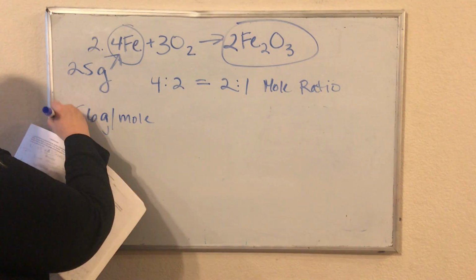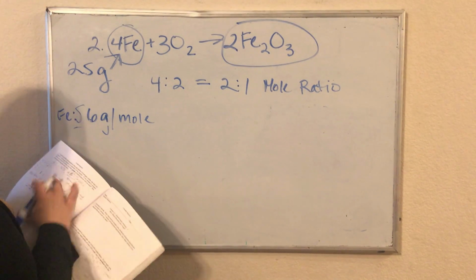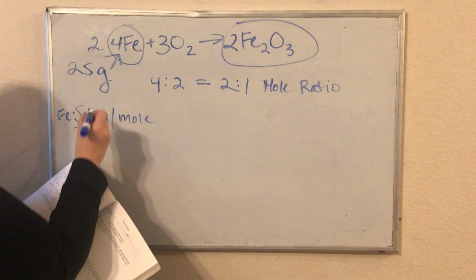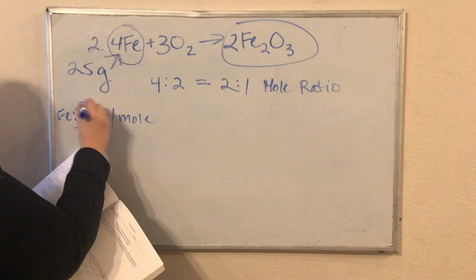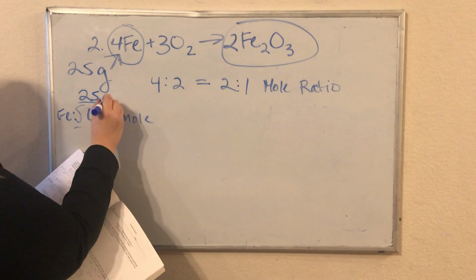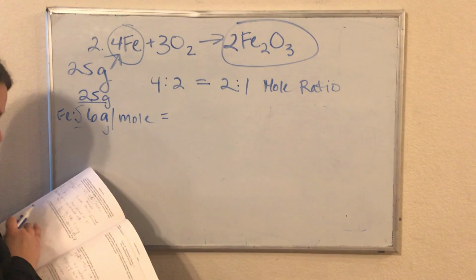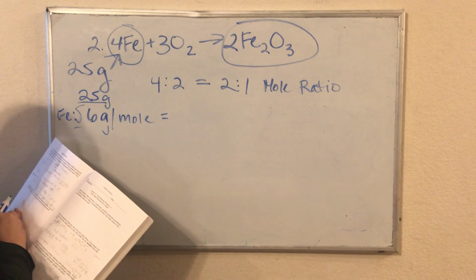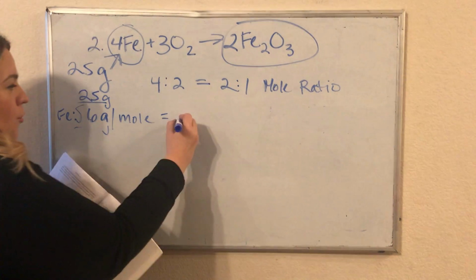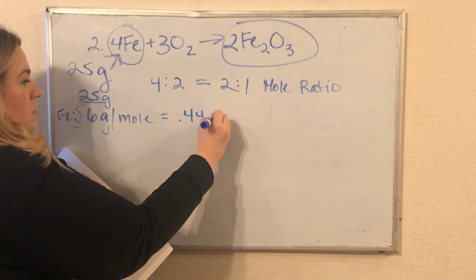That's iron. And we have 25 grams. So I'm going to take 25 grams and divide it by 56 grams, and that's how we know how many moles we have. And that answer is 0.44 moles of iron.